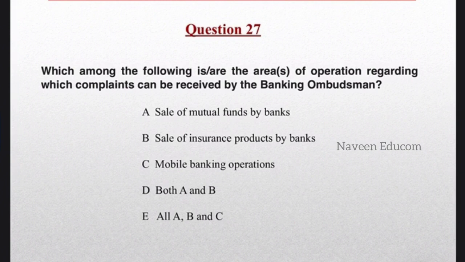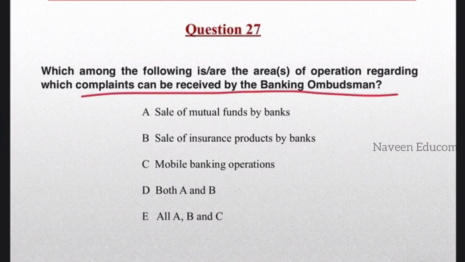So coming to the second question, which among the following is or are the areas of operation regarding which complaints can be received by the banking ombudsman? Students, the banking ombudsman scheme was introduced in the year 1995. You have to know these important points.